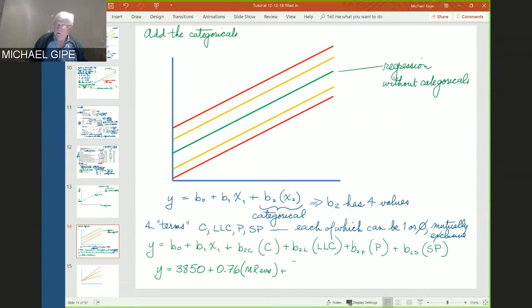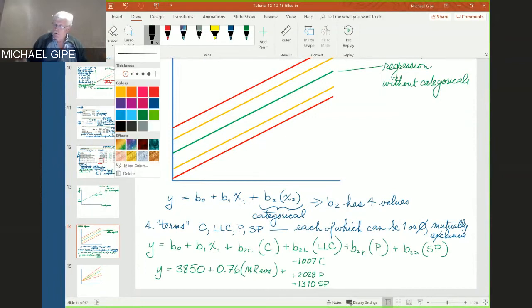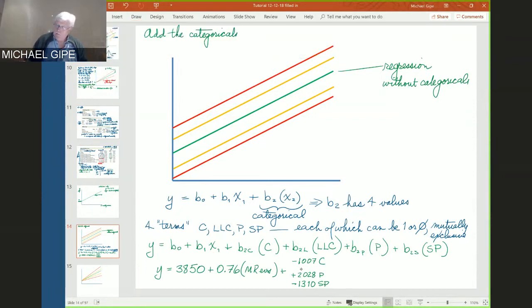So either minus 1007 times C or plus 2028 P or minus 1310 SP, or for the case that we were talking about, plus 290 times LLC.